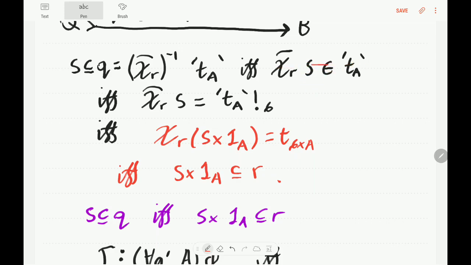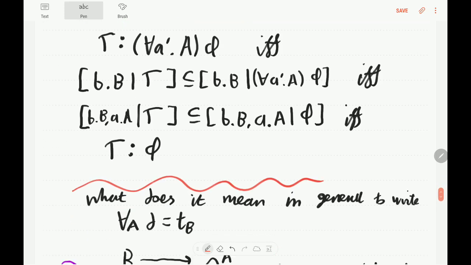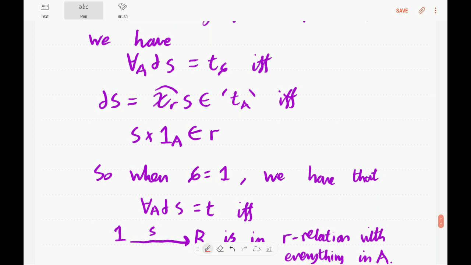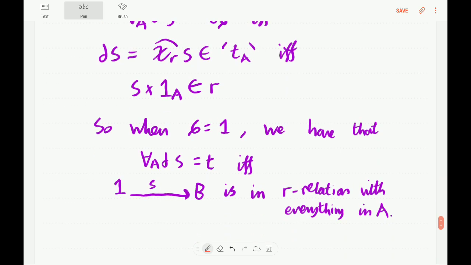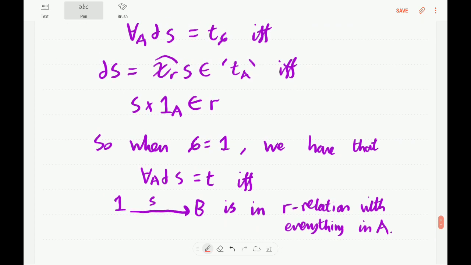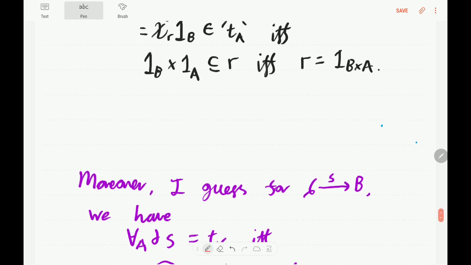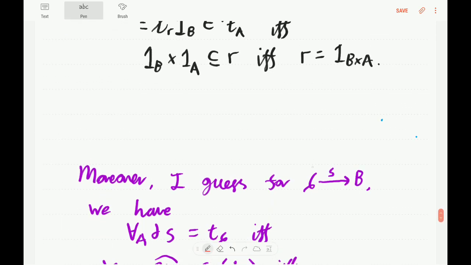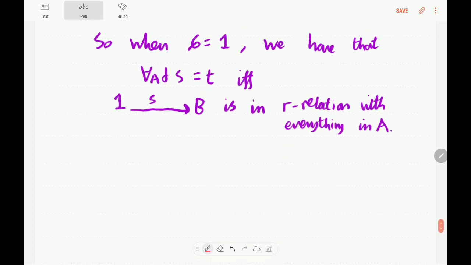And we've still got this expression, and we see this is equivalent to saying that S times 1A is in this relation R. So what happens, for example, when S is a point? In other words, when zeta is a terminal object, where zeta is the source of this arrow S.